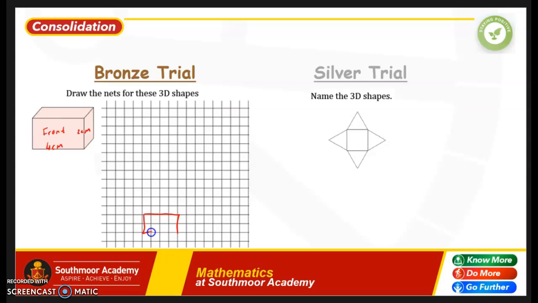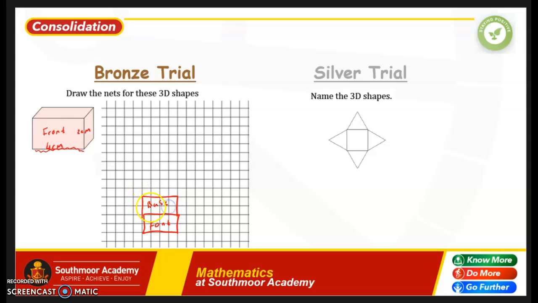And 2 down. So that's the front. Okay, now the base is next, and that will be this part here. So again, that's 2. That's the base.